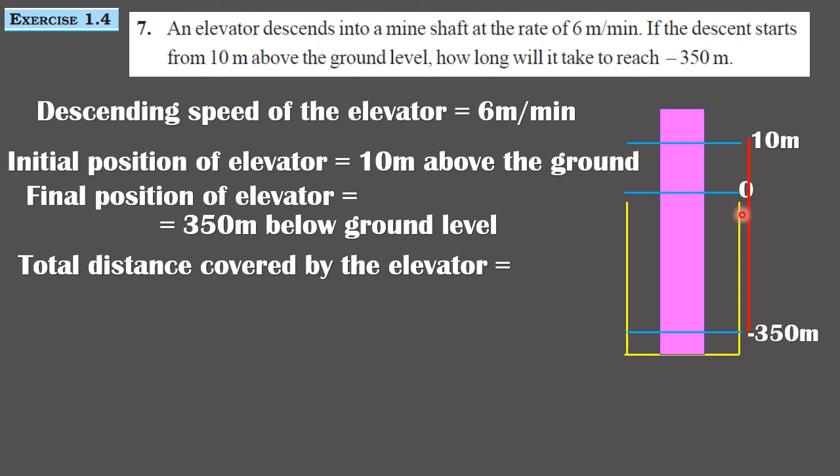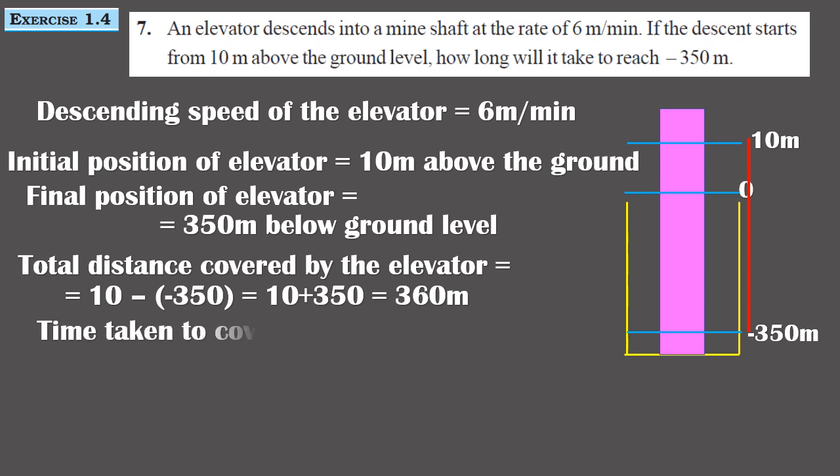So total distance covered by the elevator is 10 minus 350. It is not 350 minus 10. Because from here to here is 10 meters, 0 to 10 meters, then 0, then below 350. So this 10 plus this 350 together will make 360 meters down.